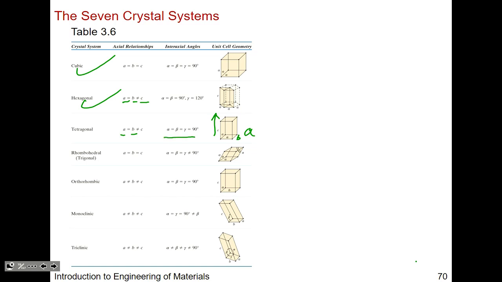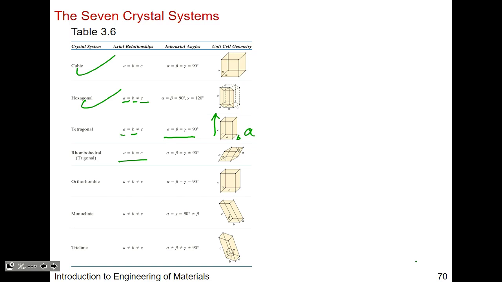And so we define the angles as alpha, beta, gamma. And then you can go on and say, well, what if A is equal to B is equal to C, but the angles are not 90 degrees? And so you can see here there are different versions of different unit cells. The main ones that we'll be talking about are just cubic and hexagonal. If you take advanced crystallography, you will have your chance to discuss all 7 crystal structures.